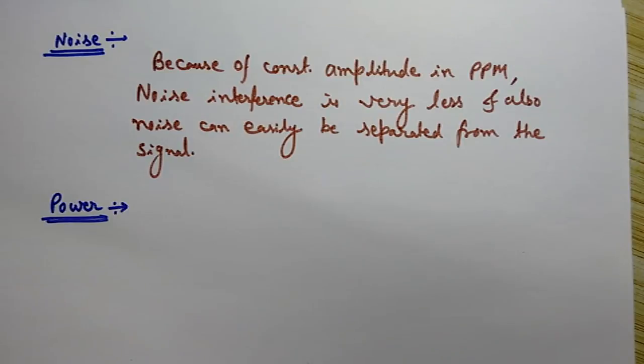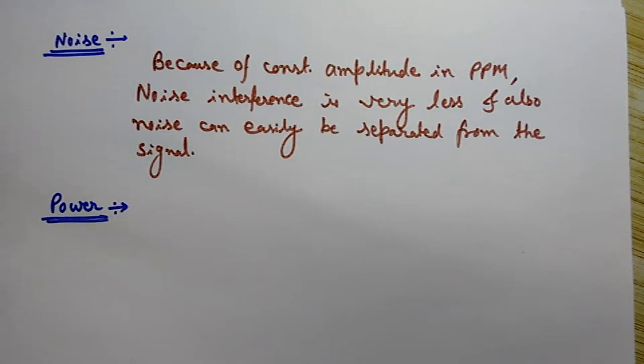This is a big advantage of PPM, because in pulse amplitude modulation PAM, the transmission power varies due to change in amplitude of the pulses, while in pulse width modulation PWM, the variation in transmission power was due to change in widths of the pulses. But here in case of PPM, the amplitude and width of each pulse is same.